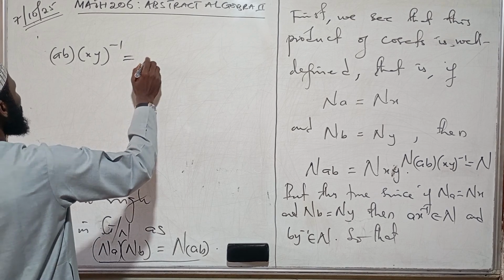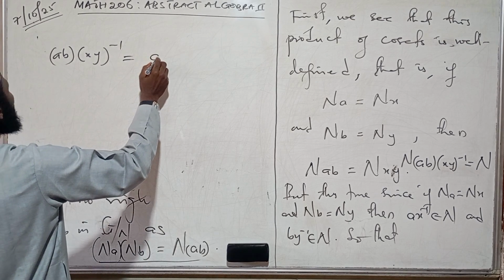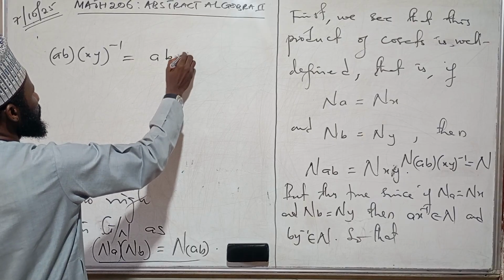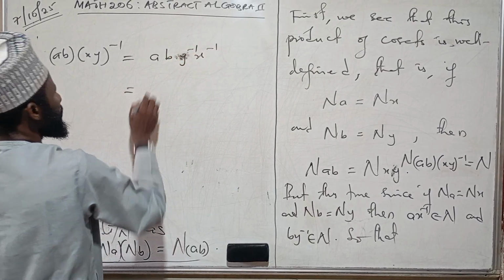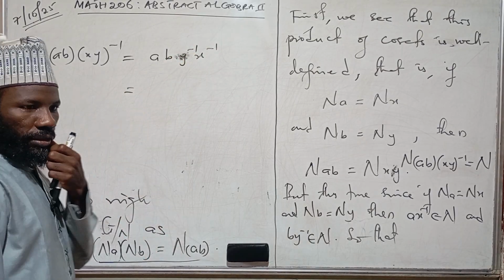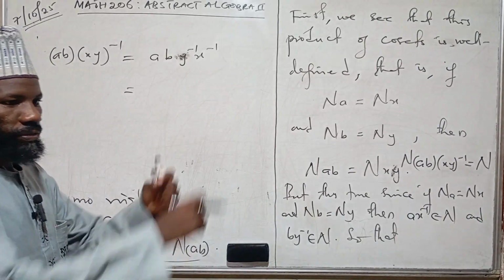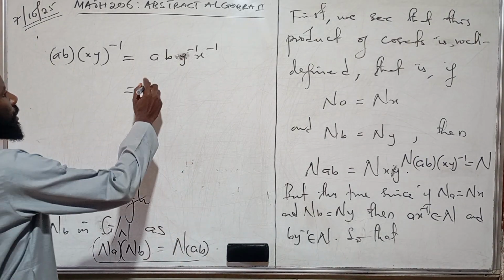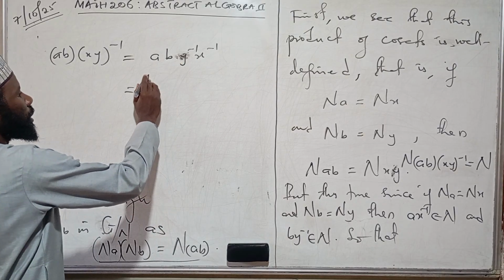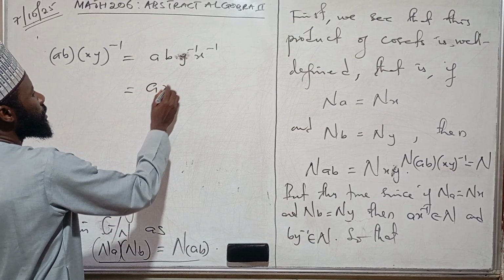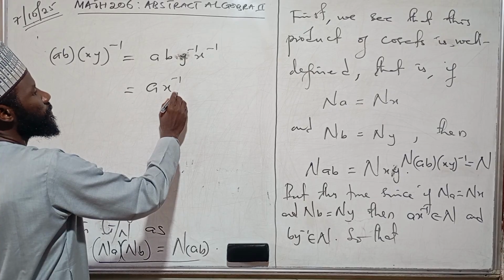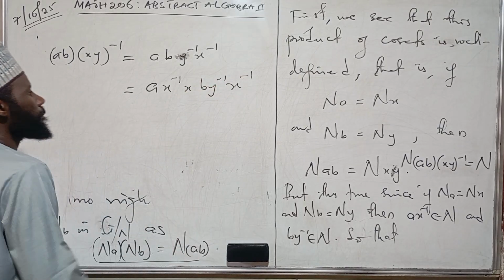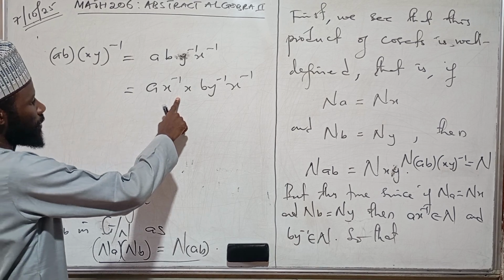So this should be equal to AB, well, A, B, Y inverse, X inverse, by a very basic principle of inverse of a product. We have been using it many times. So here I can introduce X inverse, X, by inverse, because this is just like identity over there.